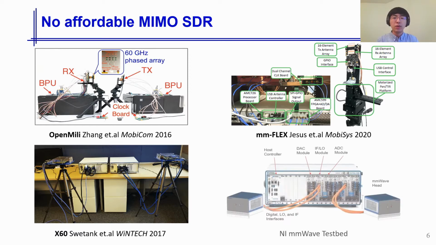The NI mmWave testbed can be used to build up a 2 RF chain MIMO setup with third-party phased arrays, but the cost of over $100 per RF chain limits its adoption. Our MCube platform represents the first mmWave MIMO software radio to overcome these limitations and meet the aforementioned critical requirements.